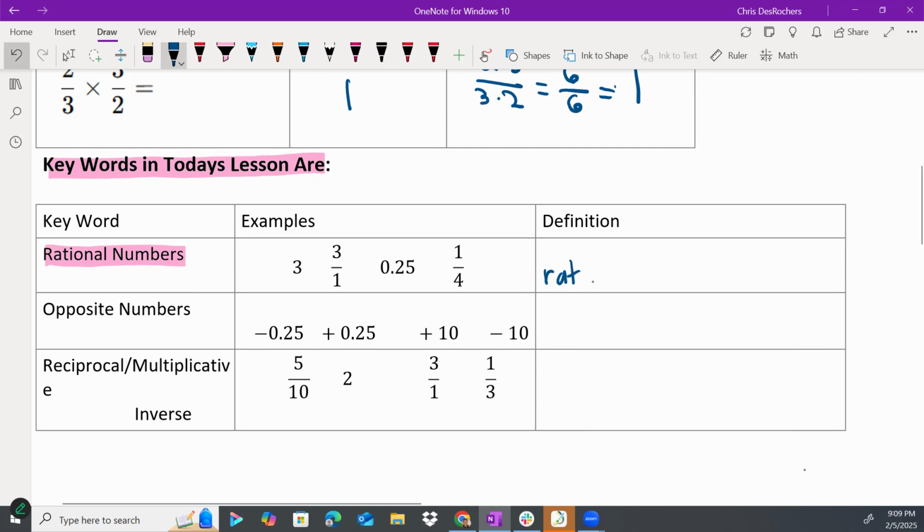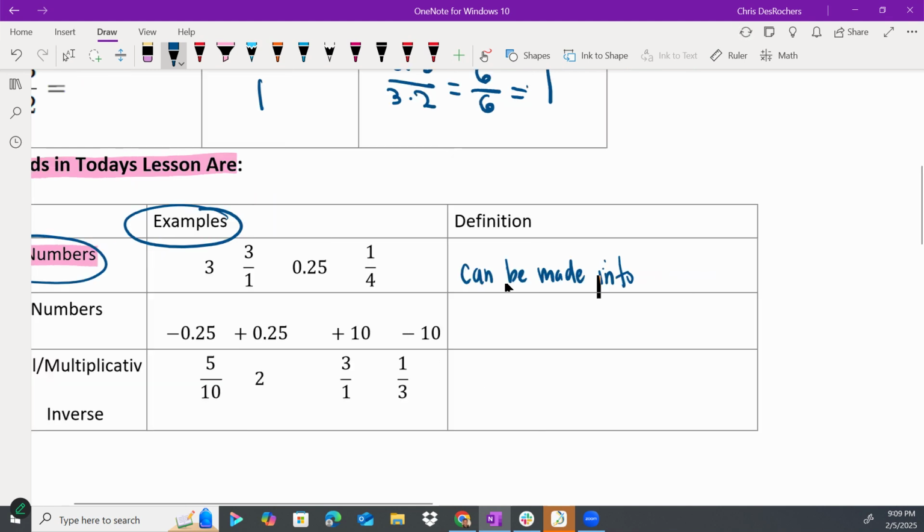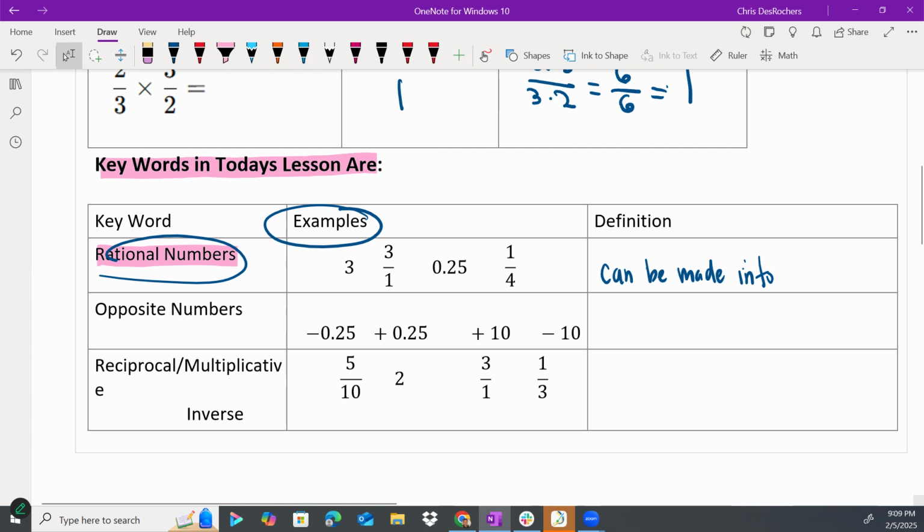Rational numbers can be made into fractions, okay?